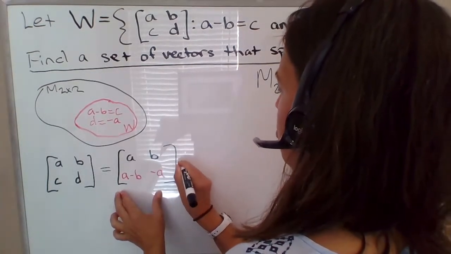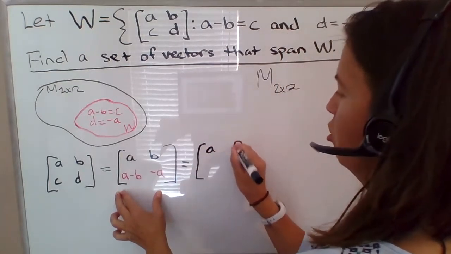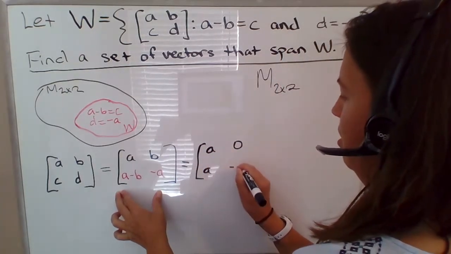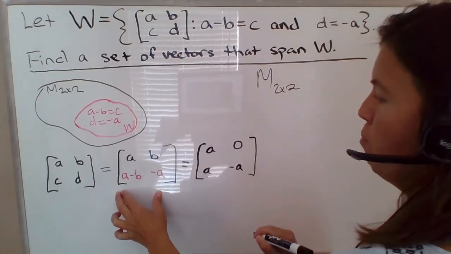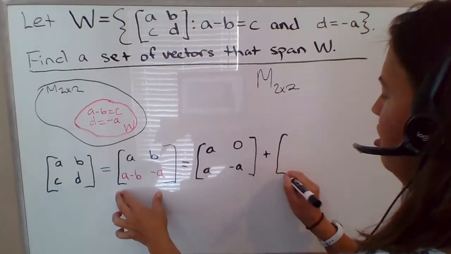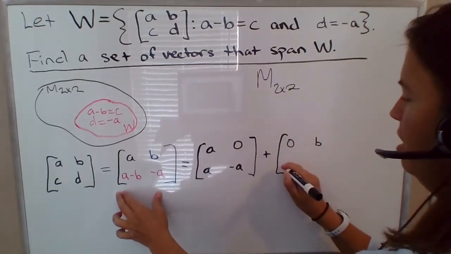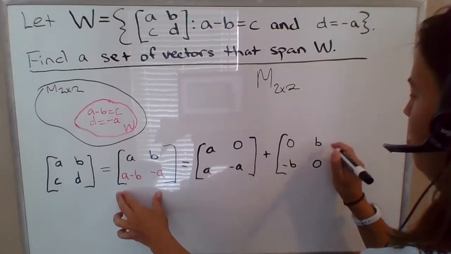Well then, what if we decompose this into a matrix involving just the A terms, like this, so just the A part of each component, plus another matrix with just the B terms: 0, B, negative B, 0.